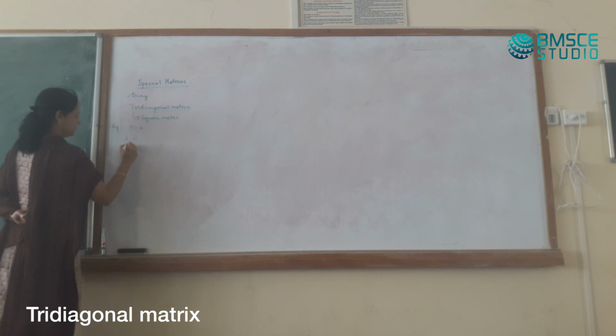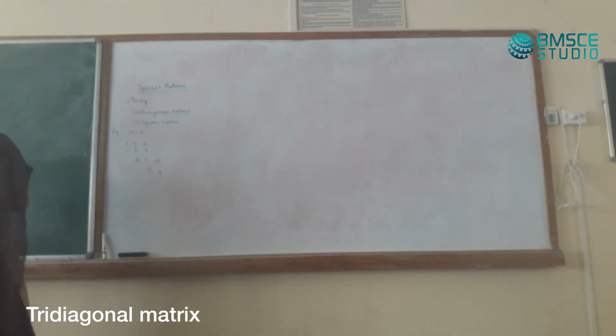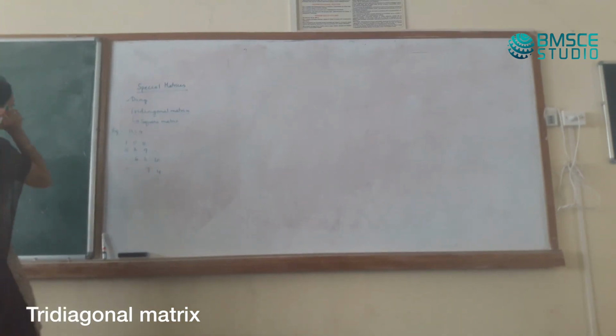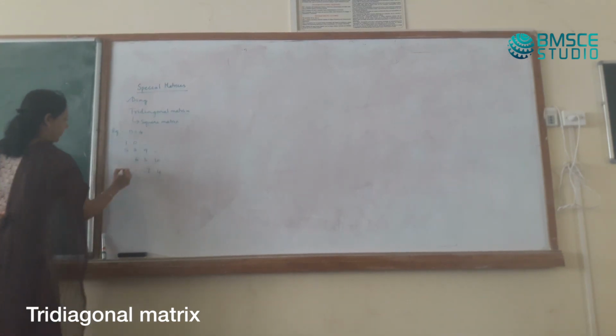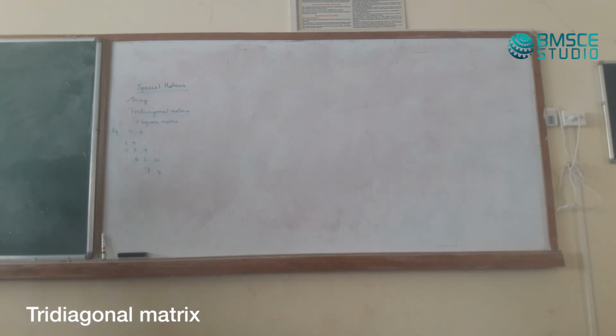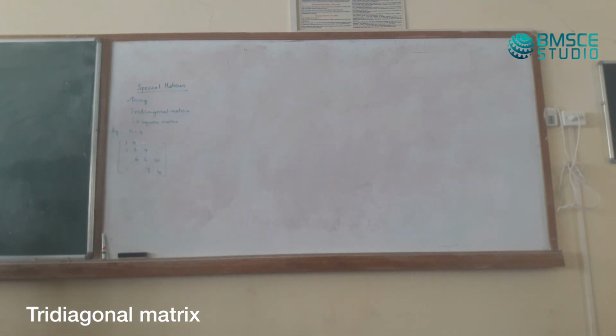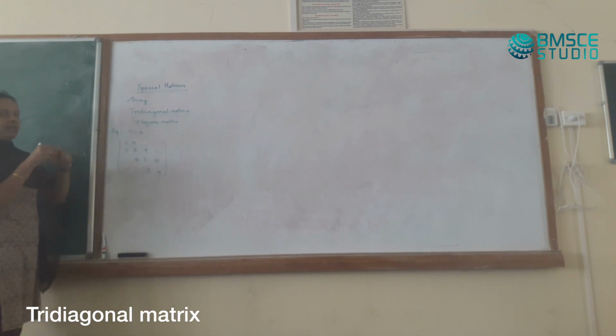If I consider this to be an example tridiagonal matrix, we can identify, as the name says, there are 3 diagonals.